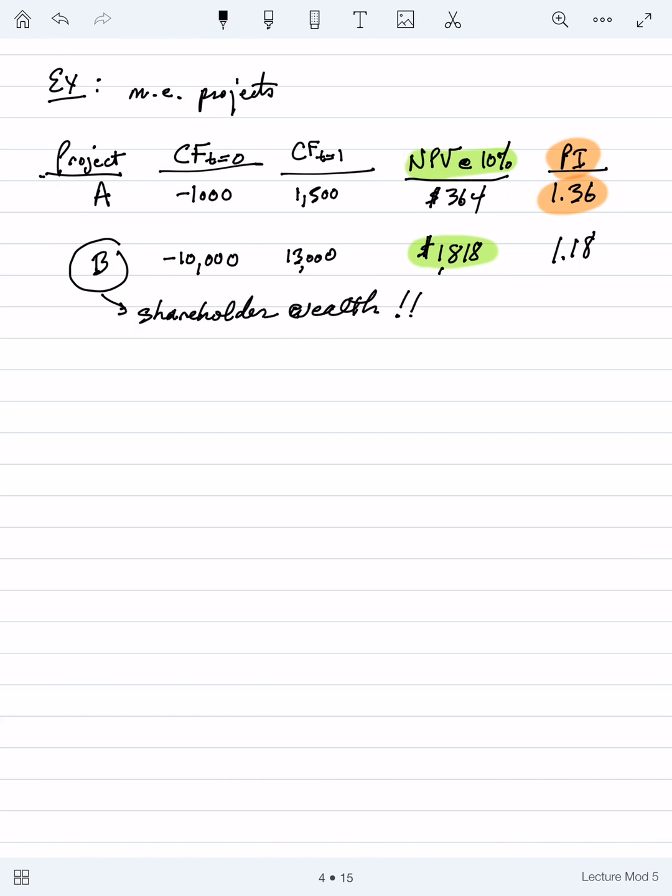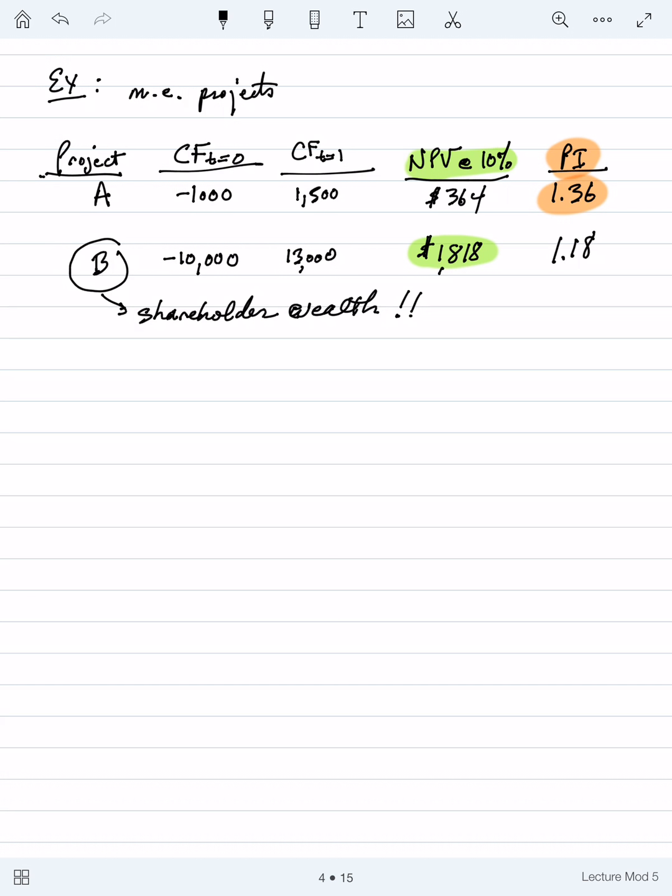That's what's kind of a key criteria for us. Notice that the profitability index did not properly consider the scale of the project. So this larger index score, see, notice what it did. It said, look, you have invested some capital, and you're getting a big bang for your buck, you might call it.